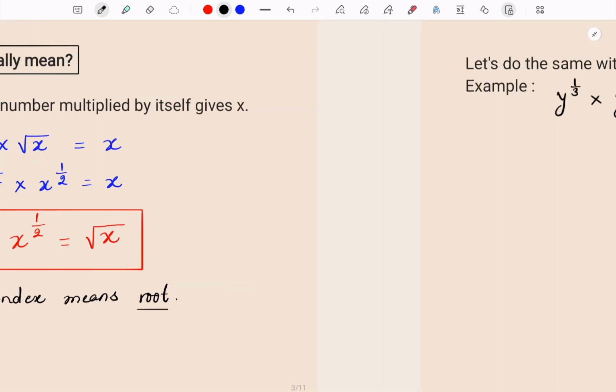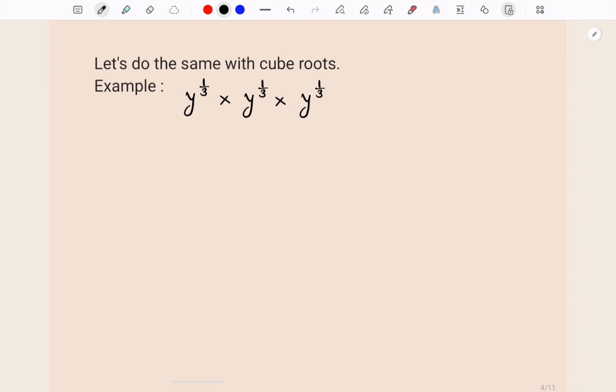Let's do the same with cube roots, right? So here we have y raised to the power 1 over 3 multiplied by the same 3 times. From the laws of indices, we know that whenever the base is the same and we are multiplying, we keep the base as it is and we add all the powers.